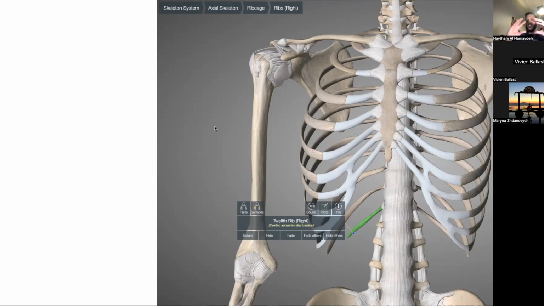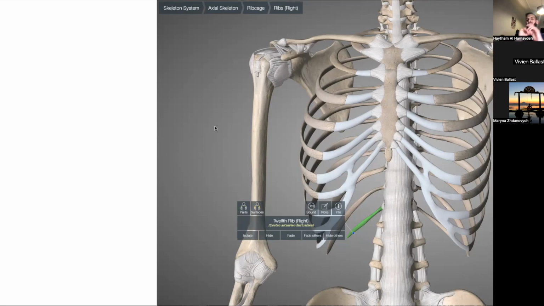I will show you on the simulation exactly what I'm talking about. The head has two articular surfaces, superior and inferior.